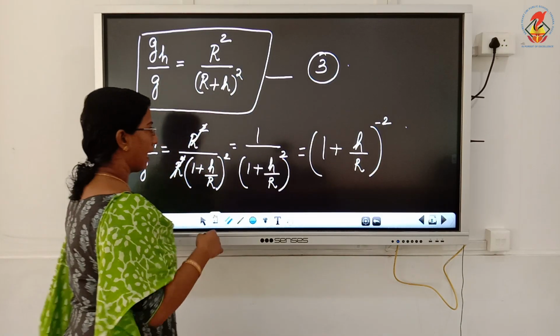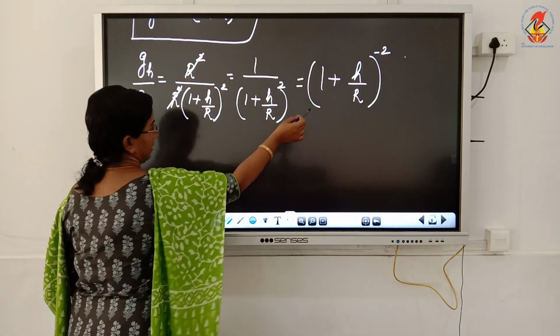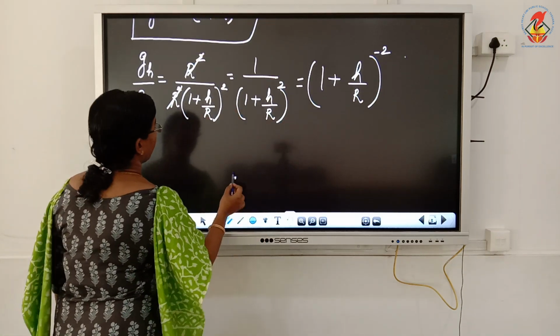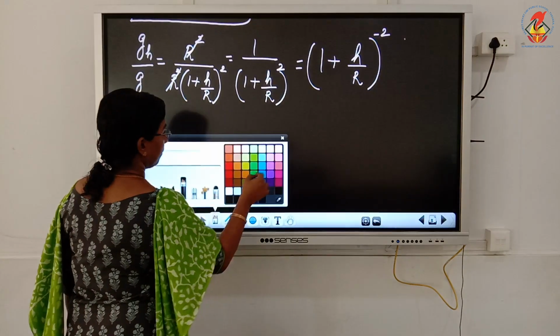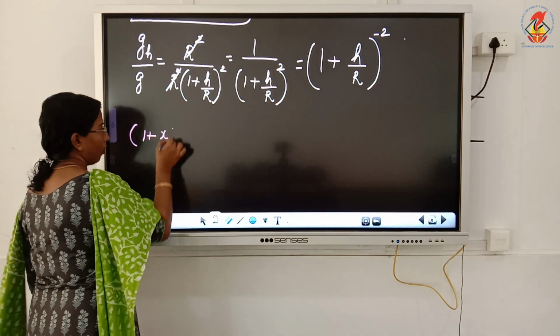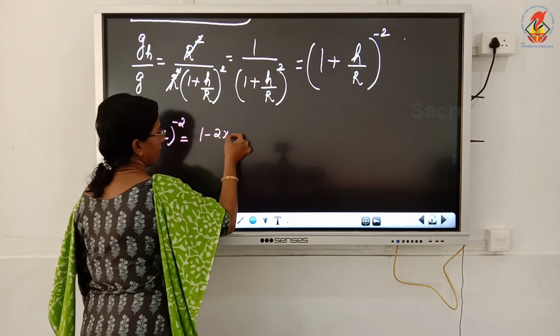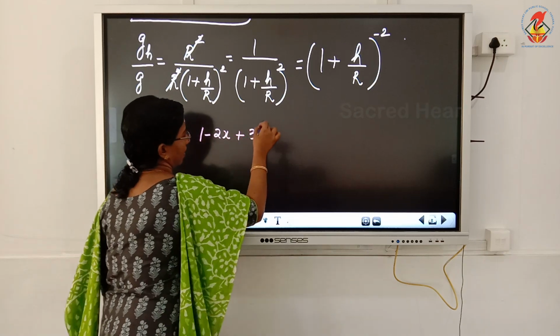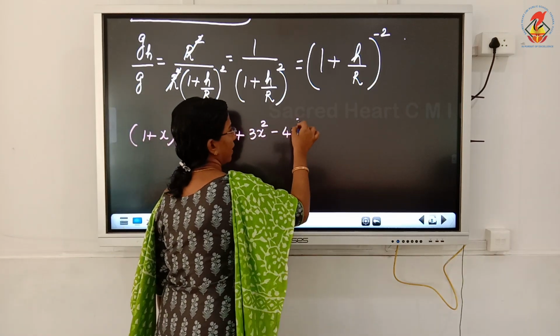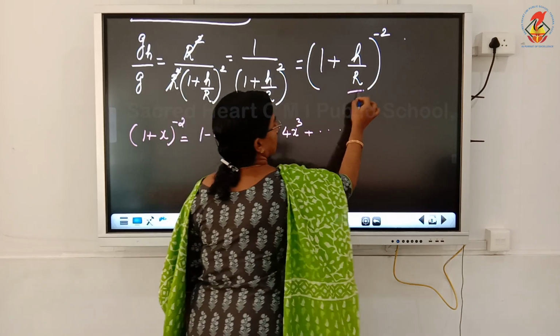And the next step is to use the binomial expansion in this case. Now the binomial expansion for (1 plus x) the whole raised to minus 2 is 1 minus 2x plus 3x square minus 4x cube, etc. So in our case x is h by r.